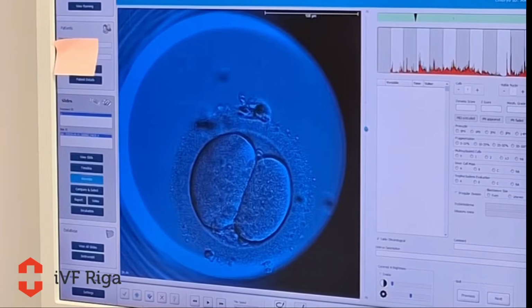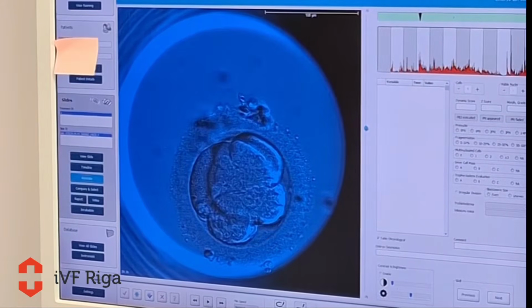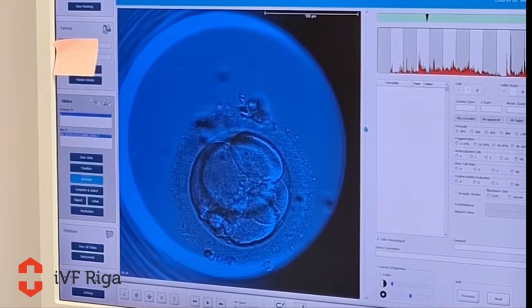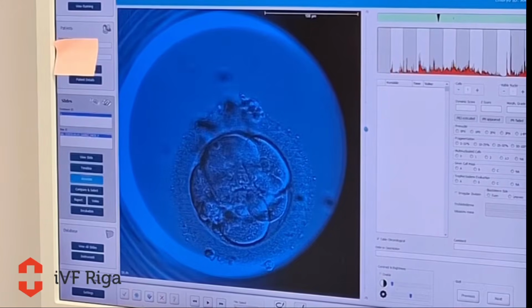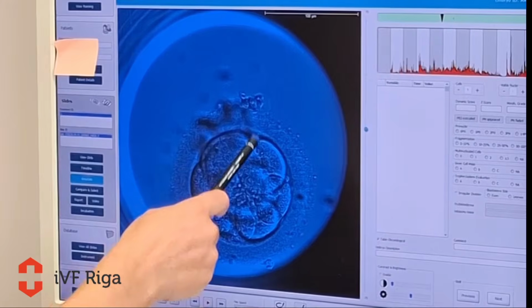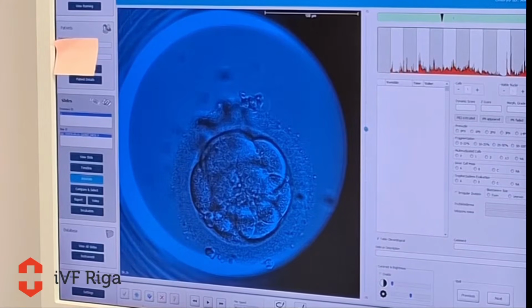After that, this embryo continues to develop, and on day 2 after the fertilization, the number of cells in the embryo might be from 2 to 6. The ideal norm is 4 blastomeres. The embryo continues to develop, and the next day, day 3 after the fertilization, we can see around 6 to 12 blastomeres in each embryo.